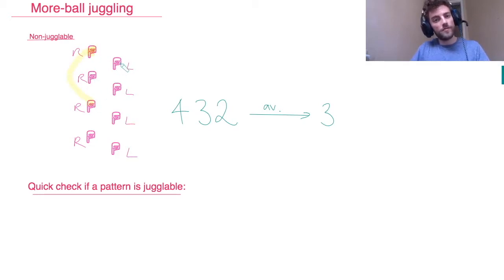Then if I throw a 3 throw from my left hand, 1, 2, 3, I'm here. And if I throw after that a 2 throw from my right hand, 1, 2, we have a very big issue. All of the balls land in the same hand at the same time. And therefore, even though 432 averages to 3, it is not a juggleable pattern.